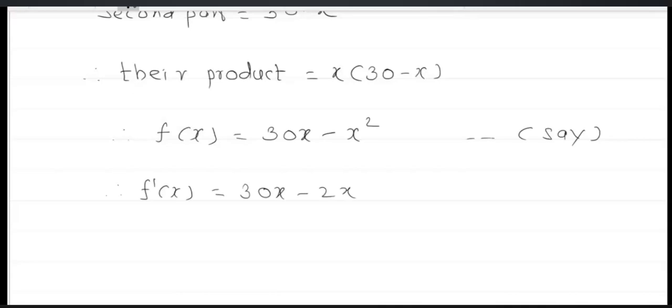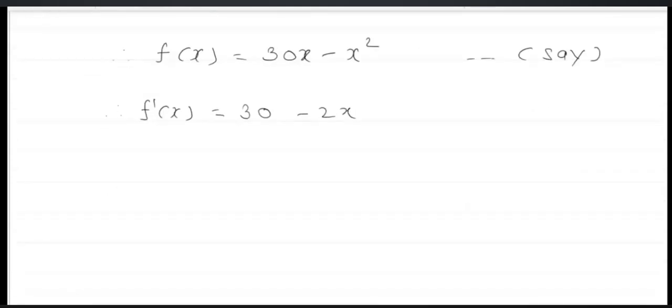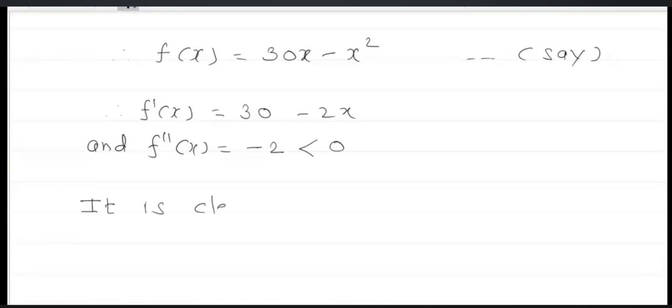F dash of x is equal to 30 minus 2x. F double dash of x is equal to minus 2, which is less than 0.